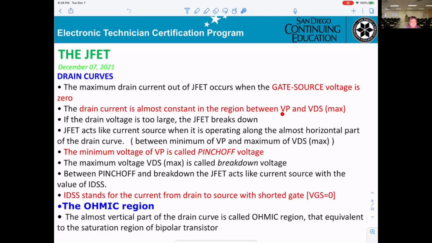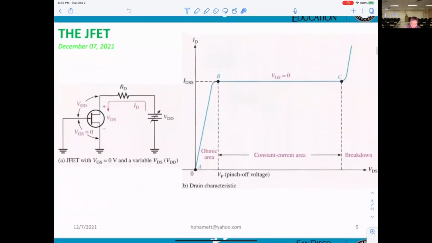VP means pinch-off voltage. That's what you have to get along with, otherwise when they talk about VP, you don't know what it stands for. In the region between VP and VDS max, the current will be constant and equal to IDSS.